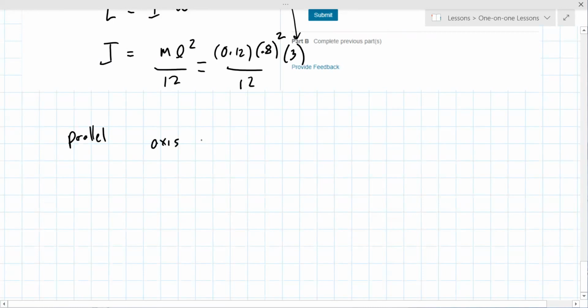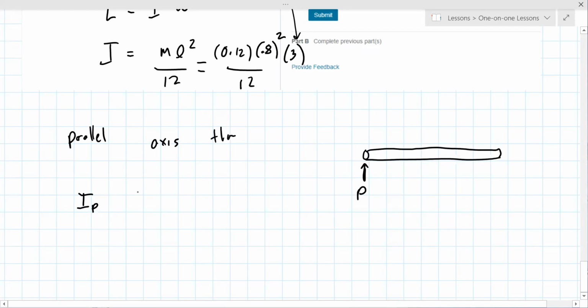Parallel axis theorem. So now this rod, you're doing it at point P, so there's a bit more to it. The inertia there is the initial inertia plus ml squared, but the book uses h squared, and this h is right in the middle, so h is L over 2.